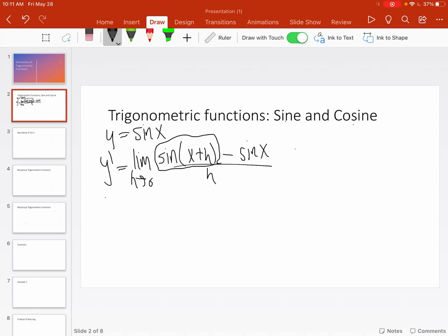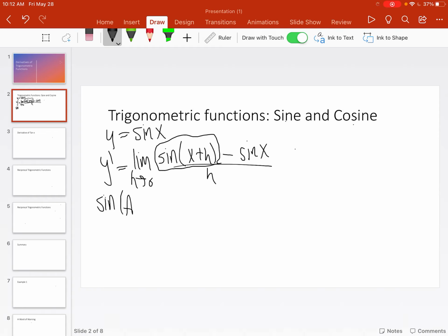Trig identities are very, very important, and you're going to be using them a lot. The one we're going to use here isn't used a lot, but I will point out the ones that you will see so much, and you just need to know. You don't see the one I'm going to write down right now much, but it's important here.